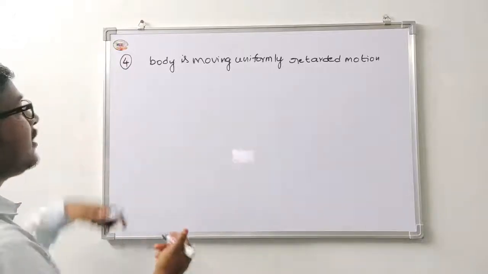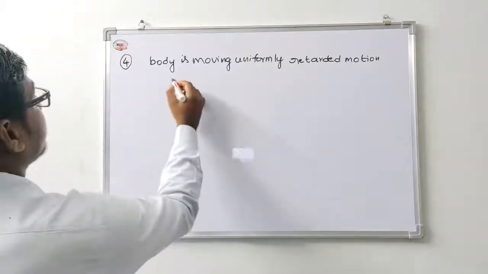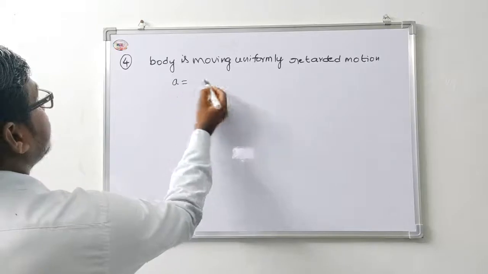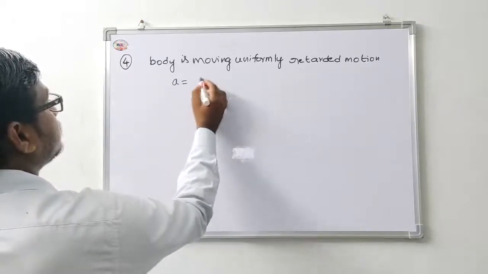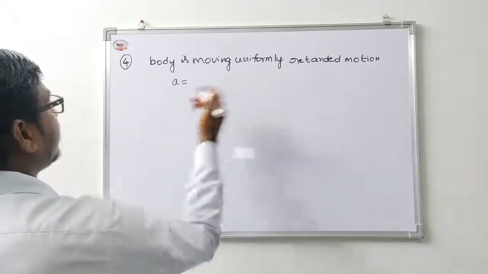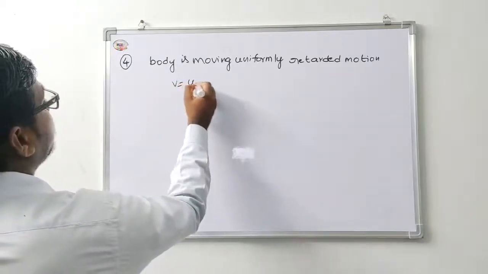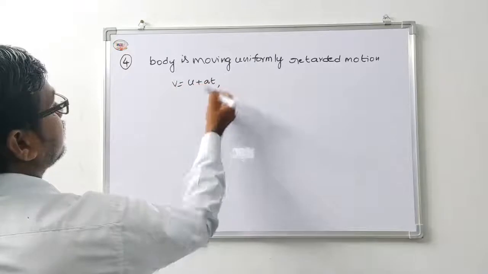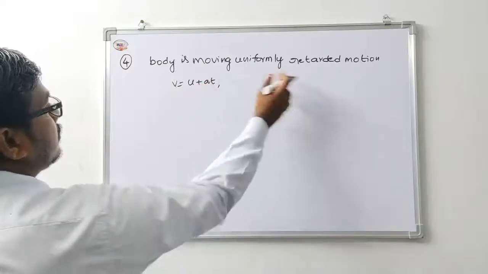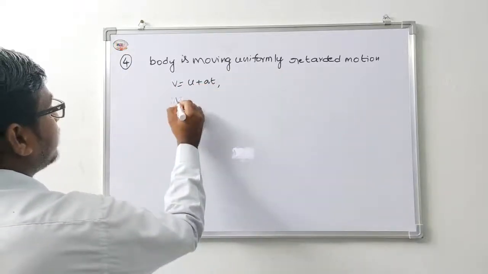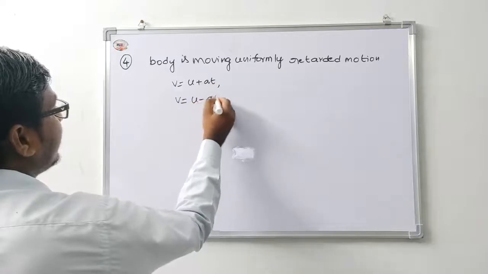So the body is moving in uniform retardation motion. Then a is equal to a constant, that is negative. v is equal to u plus at. For retardation, a is negative, so v is equal to u minus at.